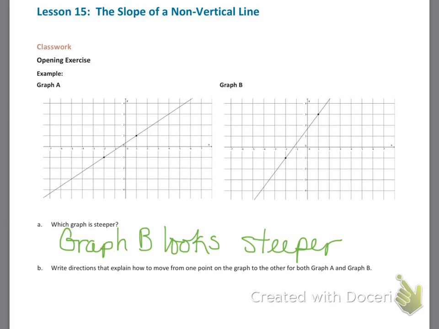Okay, and then for the second part, write directions that explain how to move from one point on the graph to the other for both graph A and B. You could write something like this. So for graph A, I would be starting at this point, and I would be going up 2 and then over 1, 2, 3. So I would walk up 2 on the grid lines and then over 3 units to the right. So 2 units up and 3 units to the right.